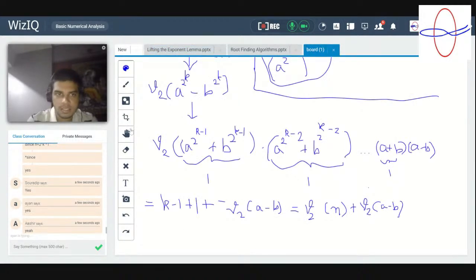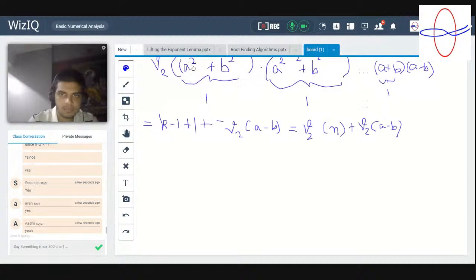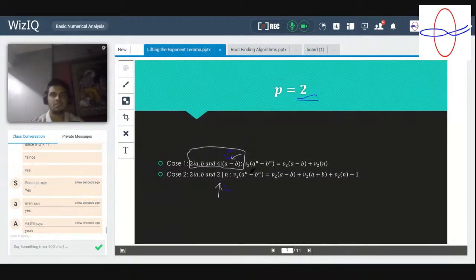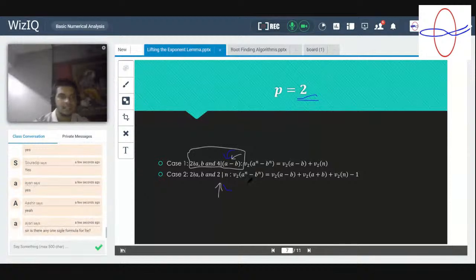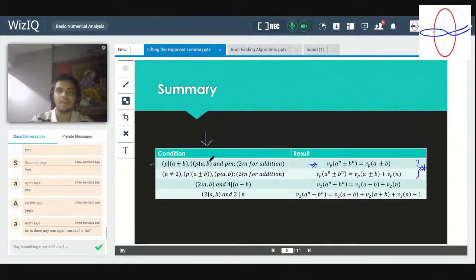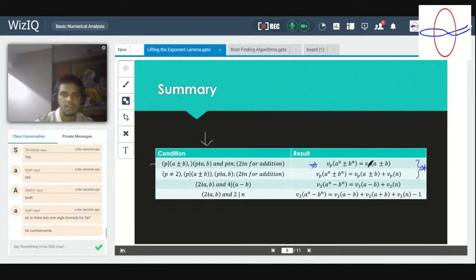And this can be pretty easily expanded to the second case. When 2 divides n, what we'll do is, no. So that's the thing with LTE: you have a variety of different cases, each having its own conditions, and you have to check which conditions are satisfied and which result you have to use.